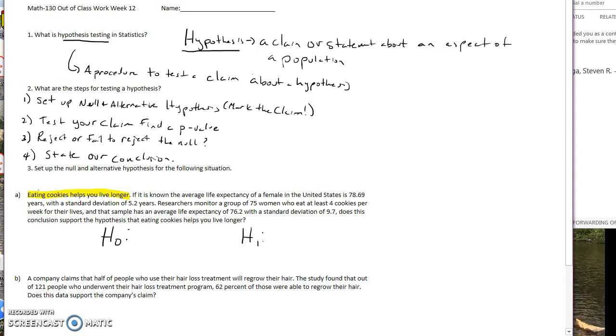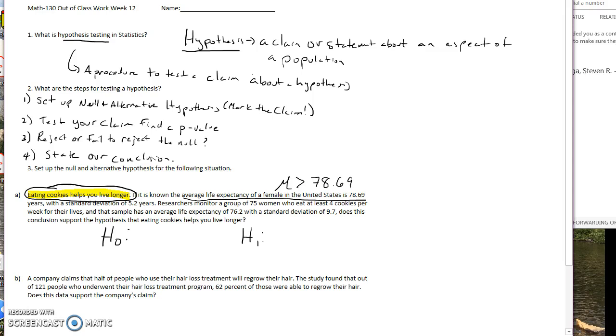So what is our claim? It says eating cookies helps you live longer. Well, longer than what? Longer than the average person, right? We are making a claim about a mean, right? Since we know that the average life expectancy of a female is 78.69, then what we are claiming is that the females who eat cookies will live longer than 78.69.